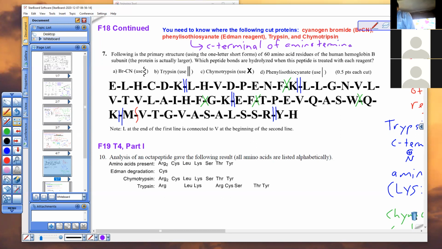And yeah, that word residue, protein people use it all the time. In this problem, we have 60 residues. There's 60 letters here. The first residue was an E here. The amino terminal is there. And you're going to use just a normal old single cut right there. So that's the easy one. You do that one first on this question. You put a line on the first one, and that's it.